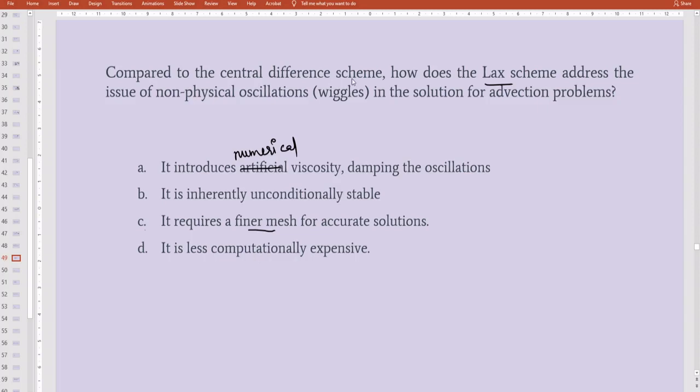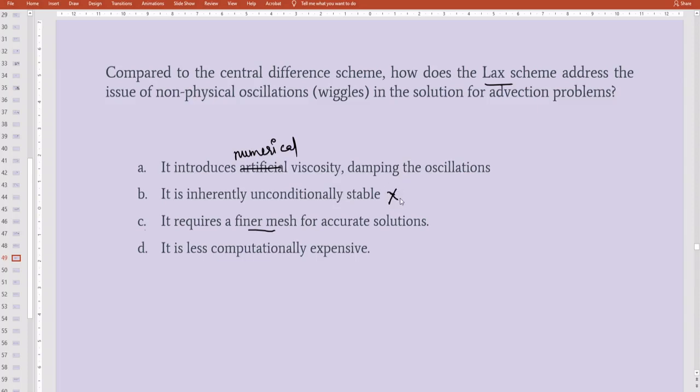If you can check the options, the question is, compared to the central differencing scheme, how is the Lax scheme different? Actually, option B, unconditionally stable, is a characteristic of our central difference scheme.